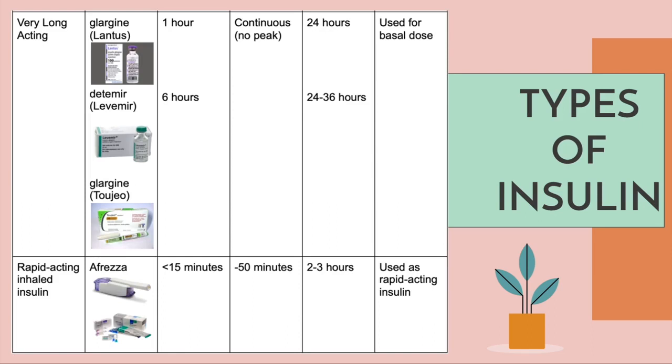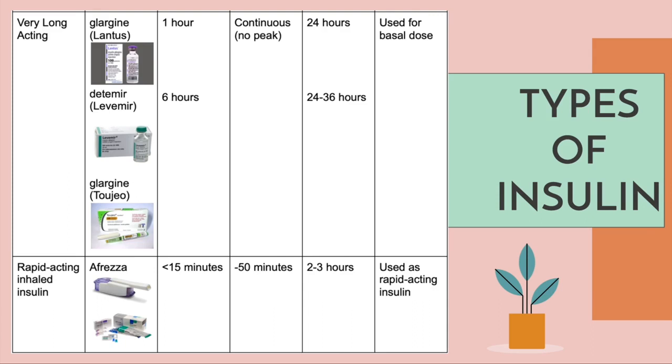The next type of insulin based on time course is the very long-acting insulin. Its agents are glargine (Lantus) and detemir (Levemir). For glargine, the onset is 1 hour, it has no peak so it is continuous, and its duration is 24 hours.